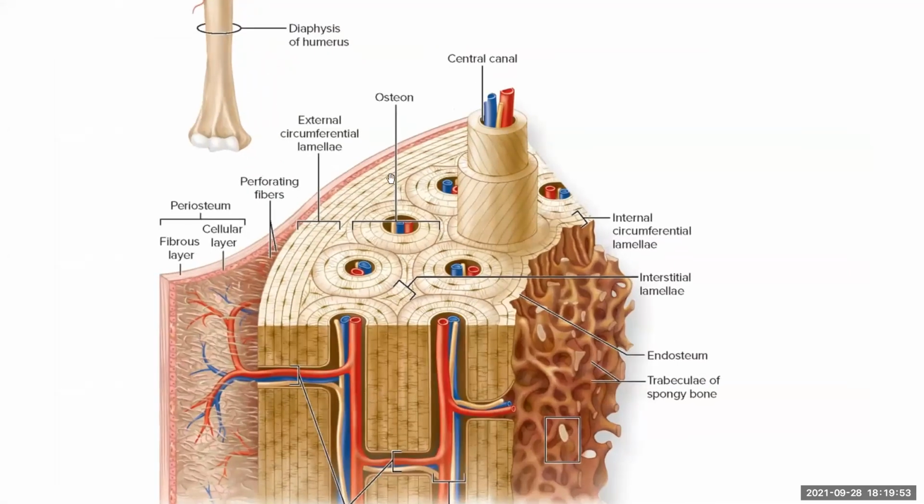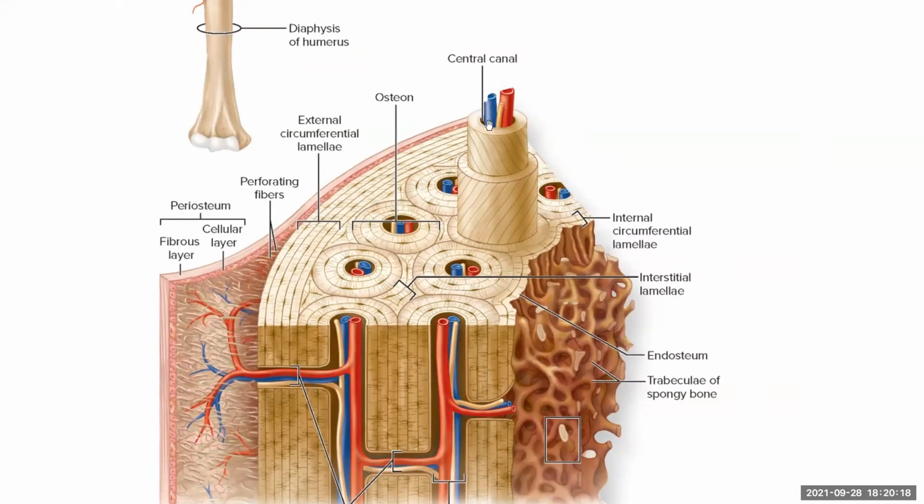So a couple things. Here is our osteon. Now what we're doing is extending the osteon upwards and outwards from each lamellae here. If you notice, it looks kind of like a wedding cake.